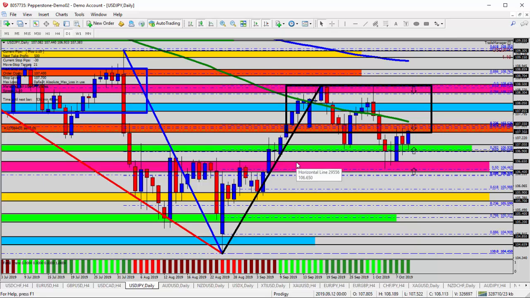Something else interesting about that resistance orange zone and the Fibonacci level sitting there is that just above it is the 100 period simple moving average here on the daily time frame. 100 period, no bells or whistles, just a simple moving average.